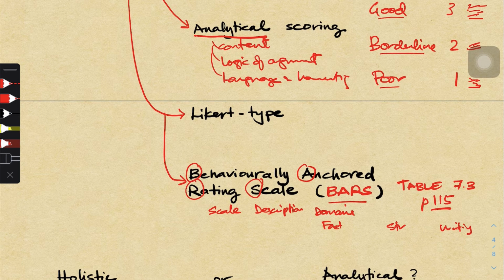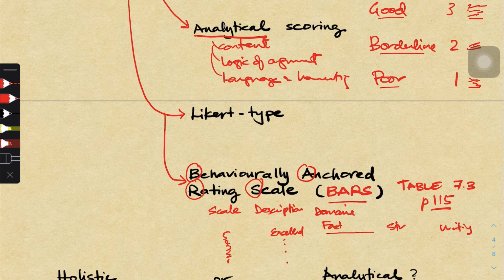For the scale, you have 5, 4, 3, 2, 1. Description: 5 is excellent, then good, satisfactory, marginal, unsatisfactory.